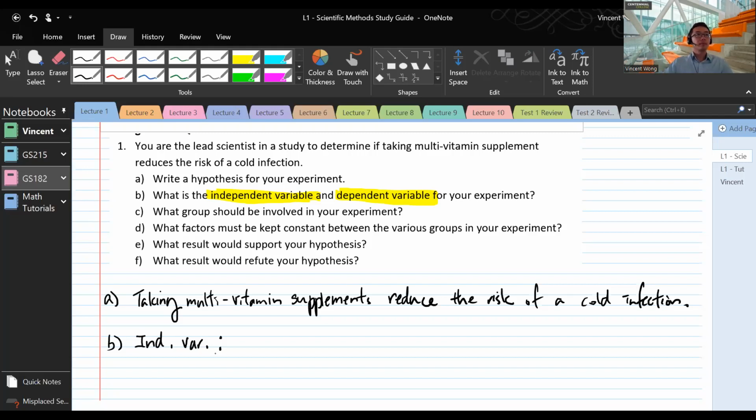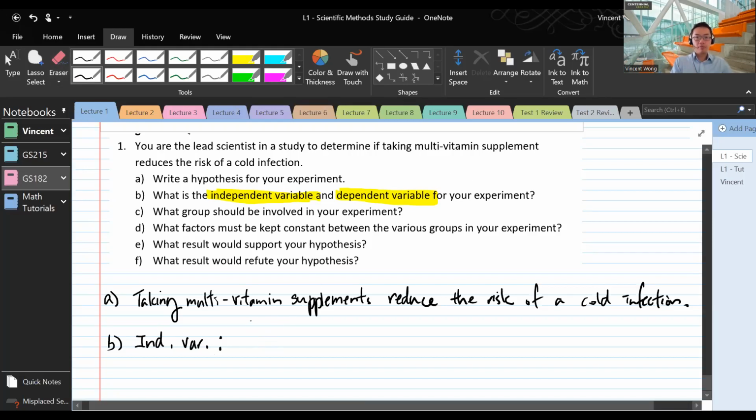Type of multivitamins. Yeah, either you're taking multivitamins or not, right? Okay, taking or not taking multivitamin supplements.